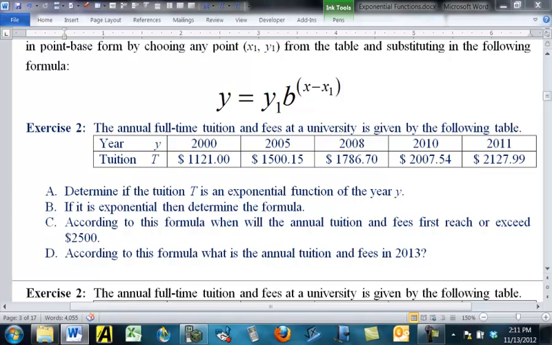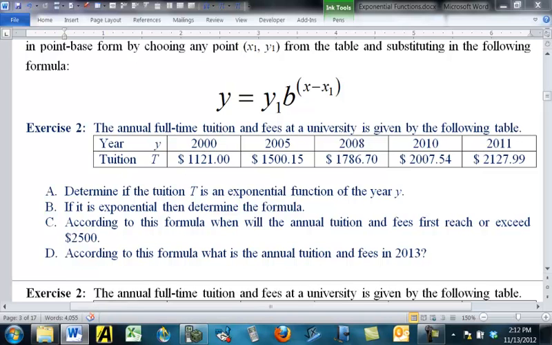In the year 2000 it was $1,121. In 2005 it's $1,500.15, and so forth, and you can read the rest of those there. So we have just some kind of random years spaced out there between 2000 and 2011. Is this exponential? And if it is, find the formula for it.